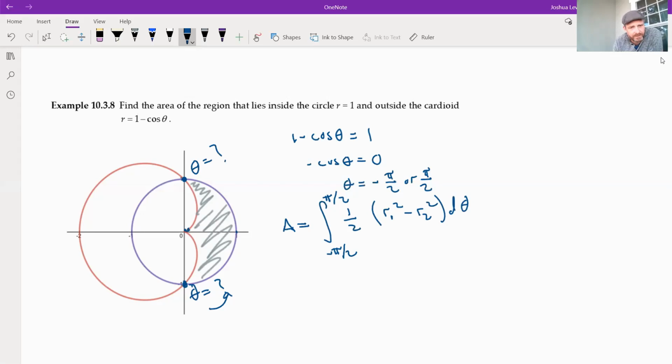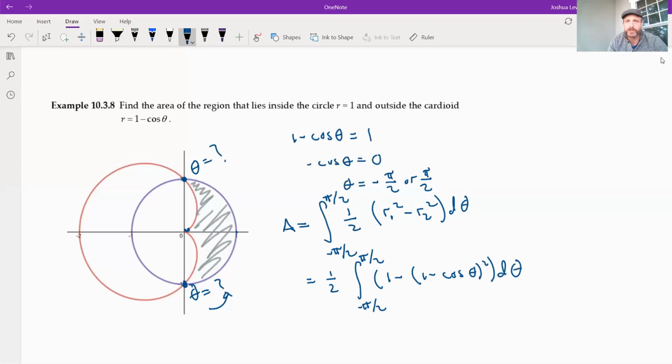Yes, the circle. And so I'm going to have 1/2 integral from negative pi halves to pi halves of 1 squared minus 1 minus cosine theta, quantity squared, d theta.